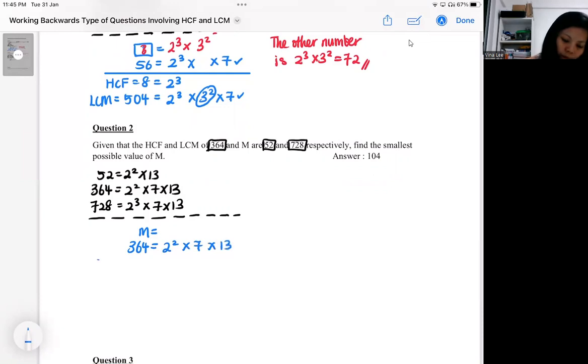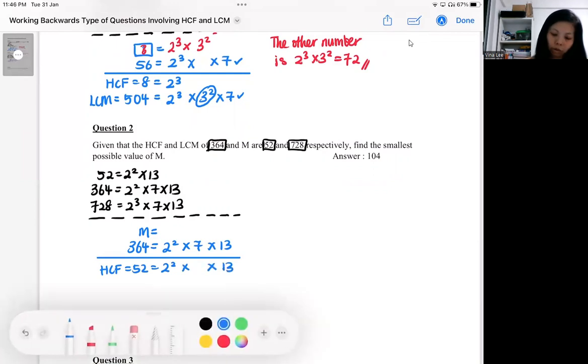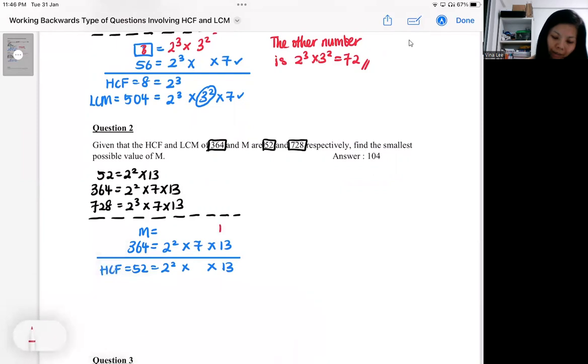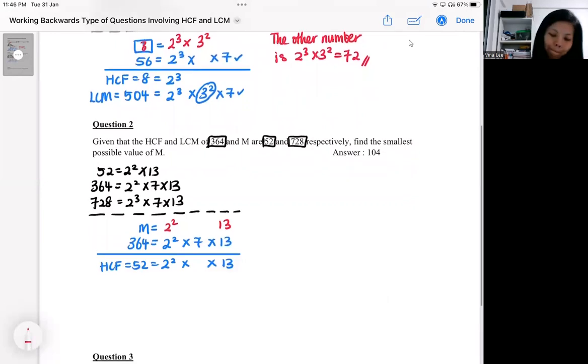The first thing I will do again is the HCF. The HCF is 52. That indicates the highest common factor, so both of them must have the same number, at least. So I can already get something for m.